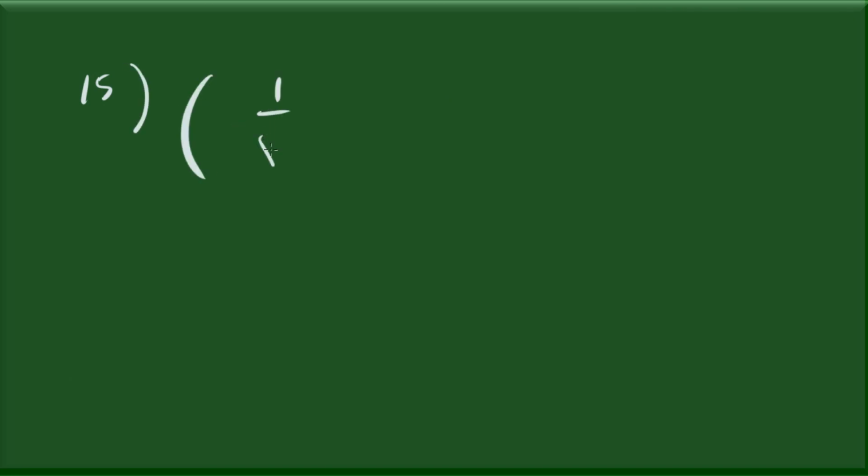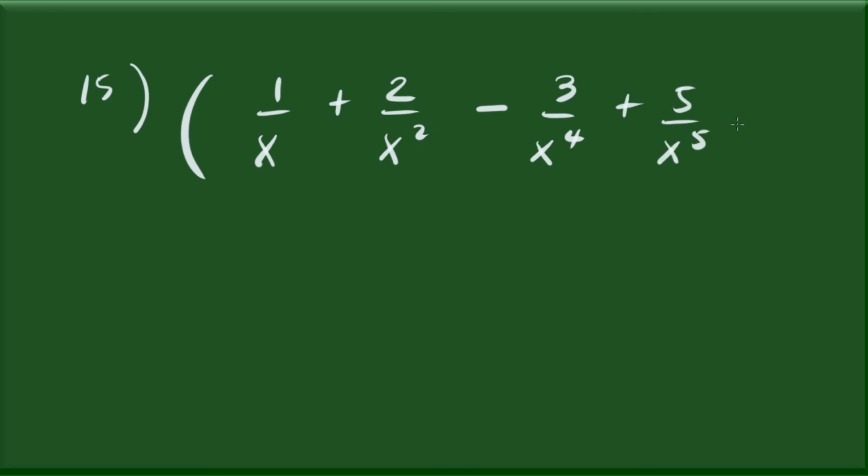Okay, 1 over x plus 2 over x squared minus 3 over x to the 4 plus 5 over x to the 5 plus 7 over x to the 6, prime. Okay, so these are all reciprocals.